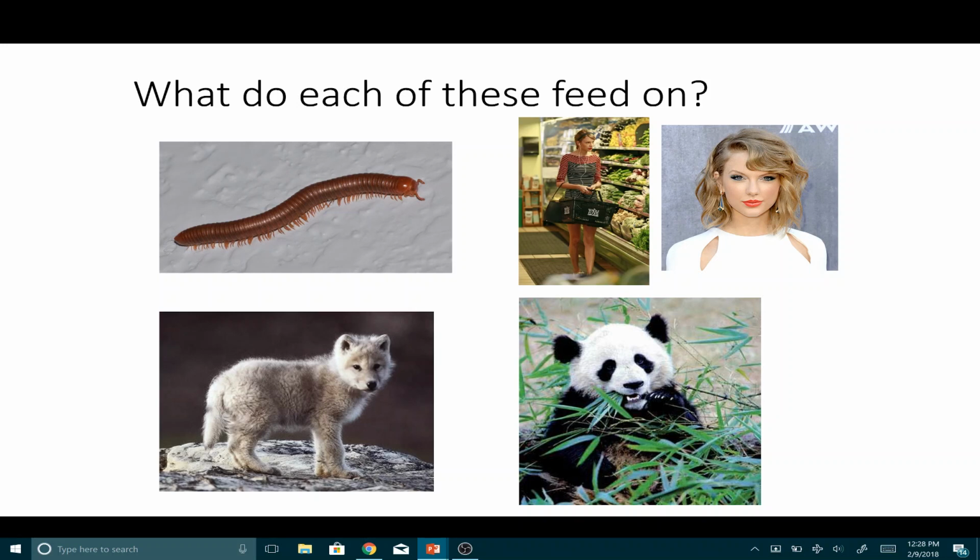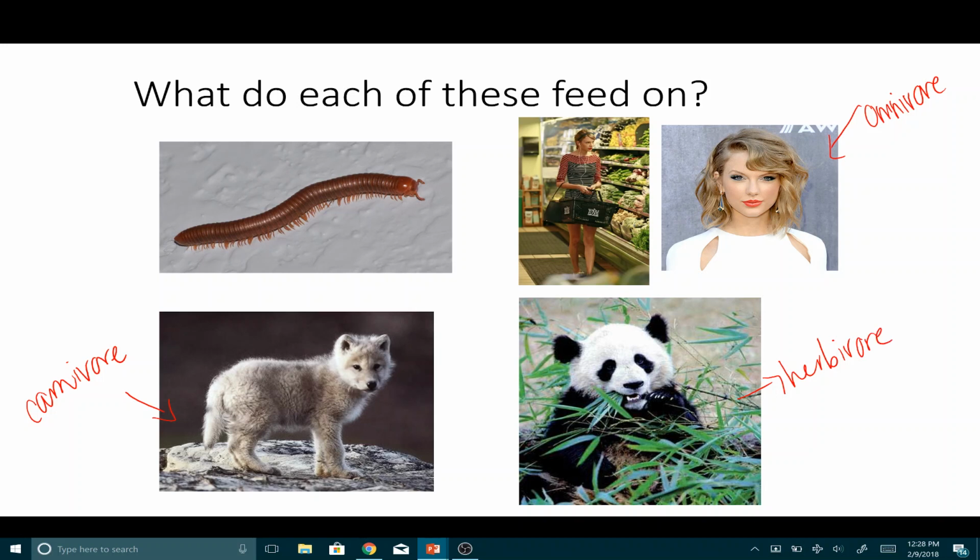Down here, we have the cutest little gray wolf. He's an example of a carnivore, which eats consumers. Over here we have a panda, which would be an example of a herbivore that eats producers, plants.